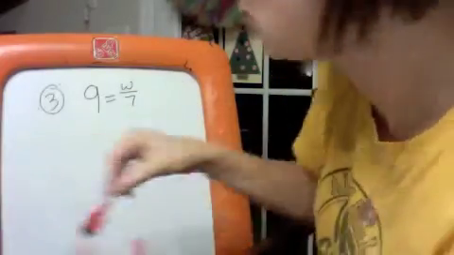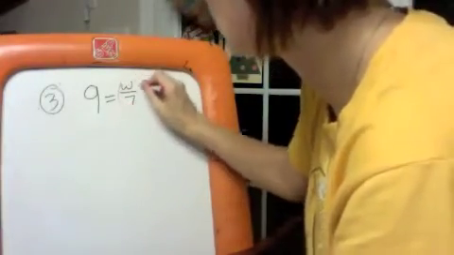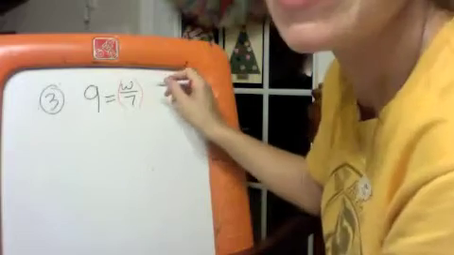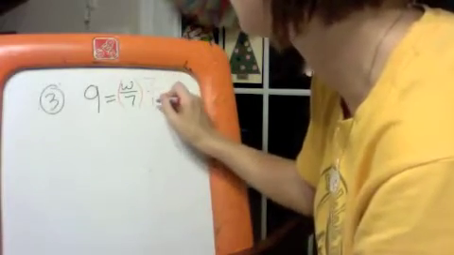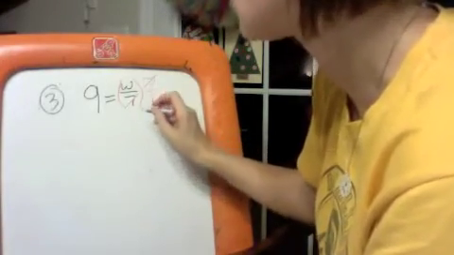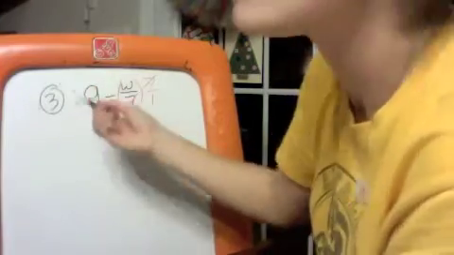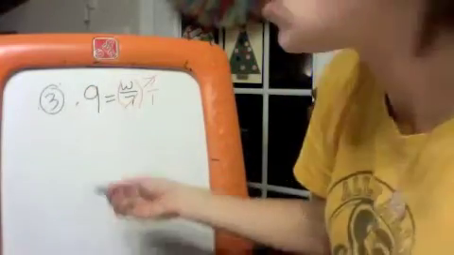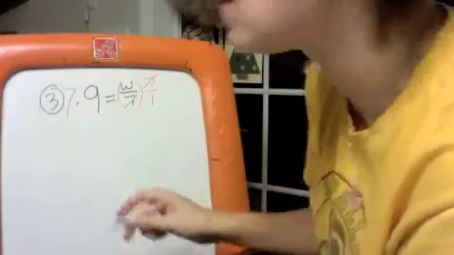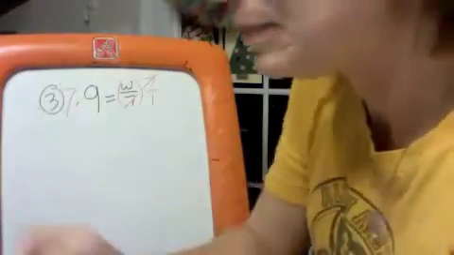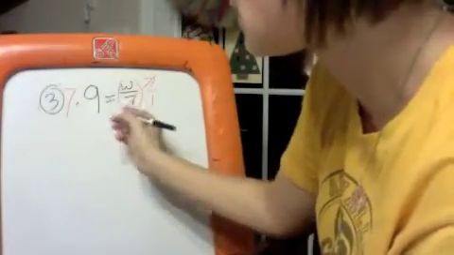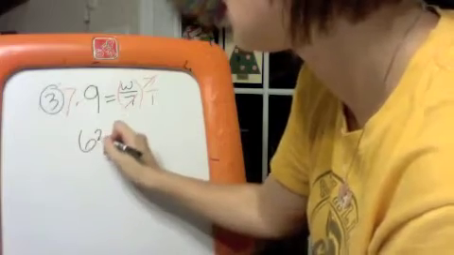So I'm going to multiply this, and you can think about this as multiplied by 7 over 1. And then these will cancel out. But I know that 7 over 1 is the same thing as 7 wholes. So here I'm just going to multiply by 7 wholes. And so I get 7 times 9 is 63.